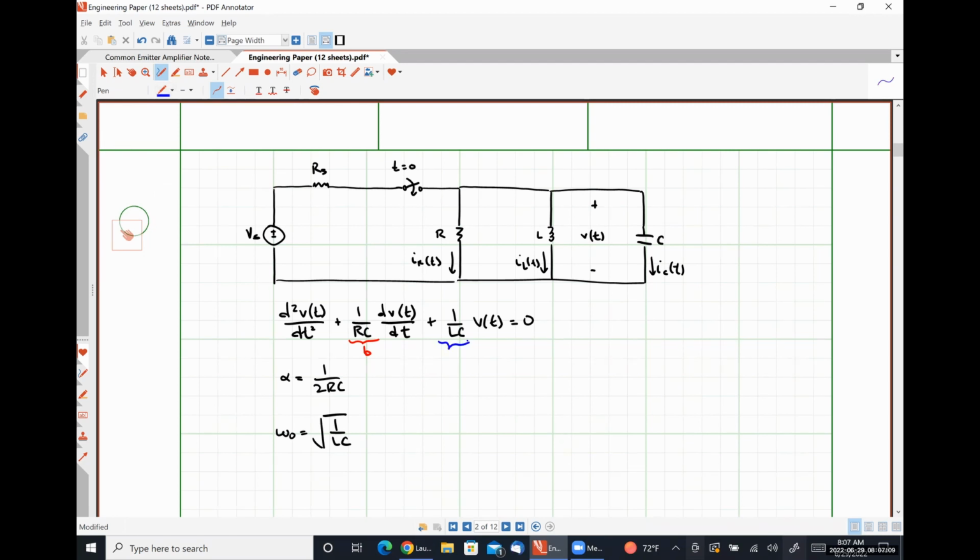And let's call this coefficient right here C. And that's the coefficient of the 0th derivative term. Alpha is simply B over 2, and omega naught was simply the square root of C.